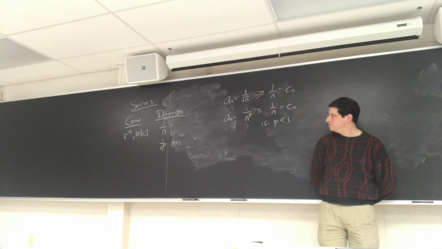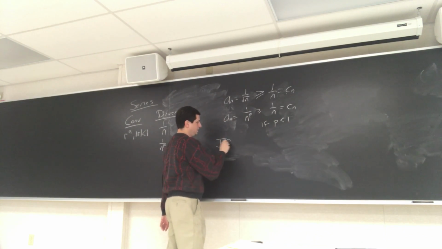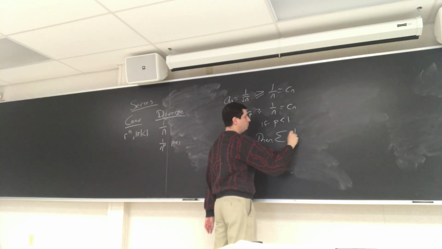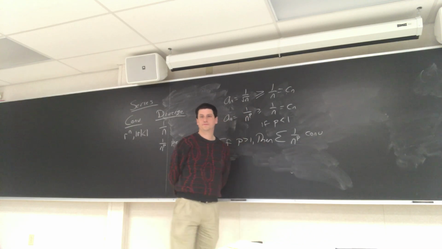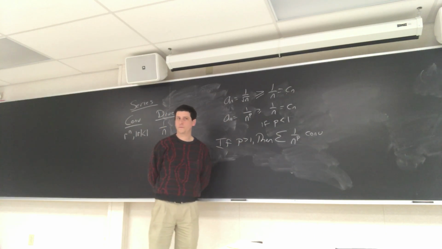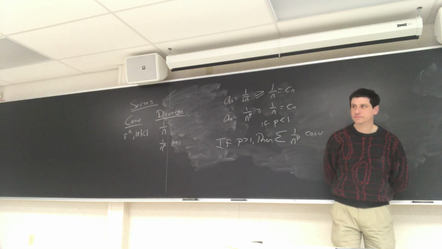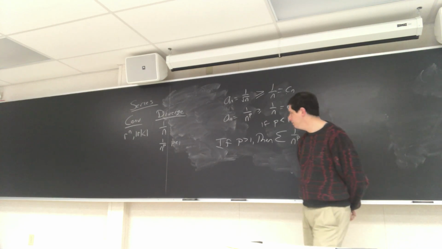Now the claim you wanted to make was that the sum of 1 over n squared actually converges. And in fact, we do have the following. If p is greater than 1, then the sum of 1 over n to the p converges. We don't have that quite yet, but we can.